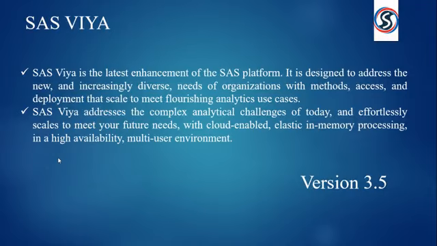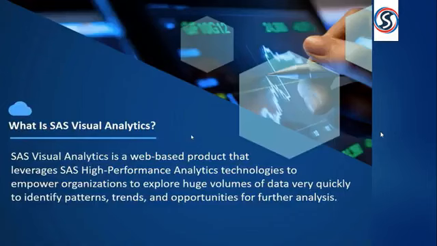That is an advantage for us, and that is why we can complete the task much faster. I gave you this example because it has cloud-enabled in-memory processing. Because of the CAS server and parallel processing, many people can work at a time and get results faster. That is the beauty of SAS Viya.